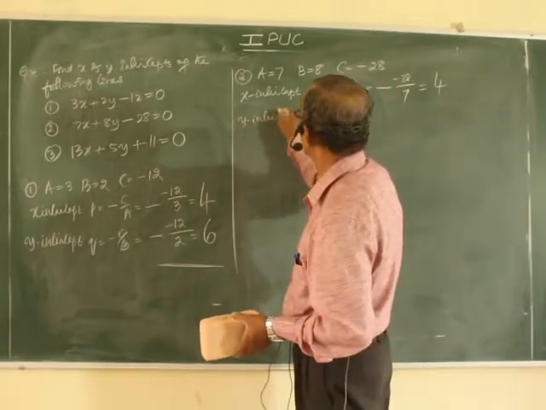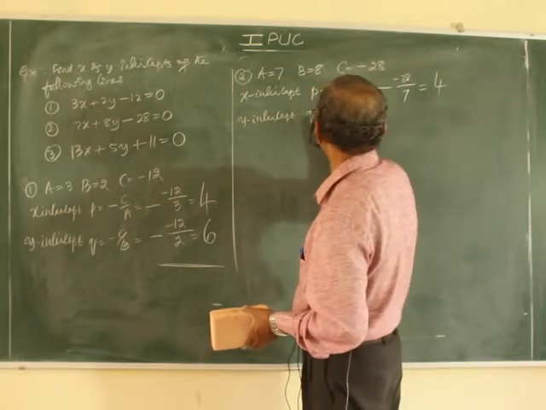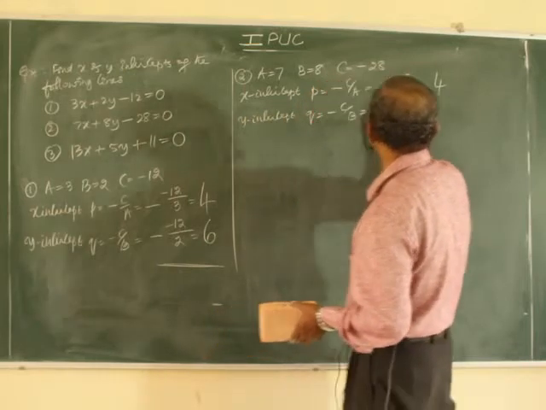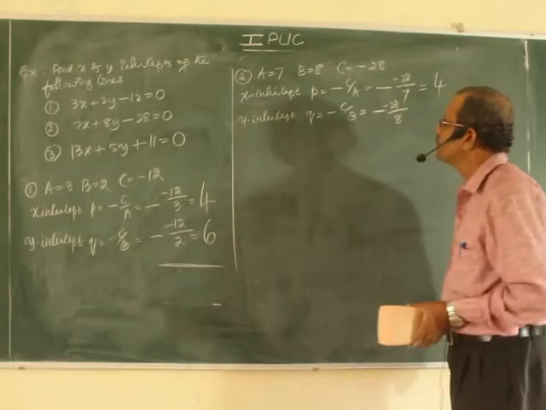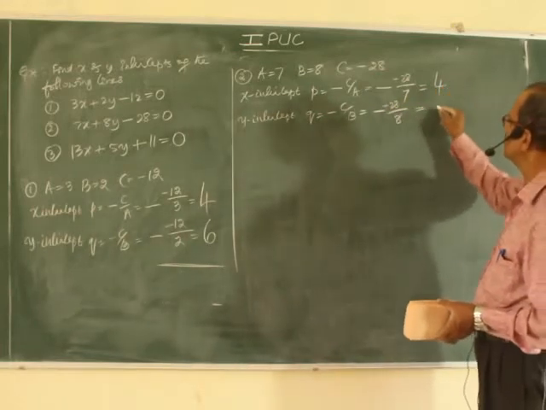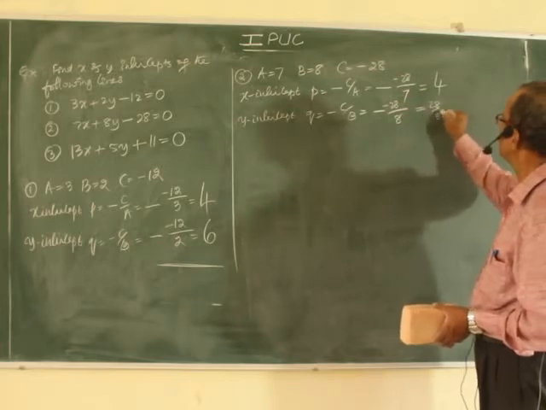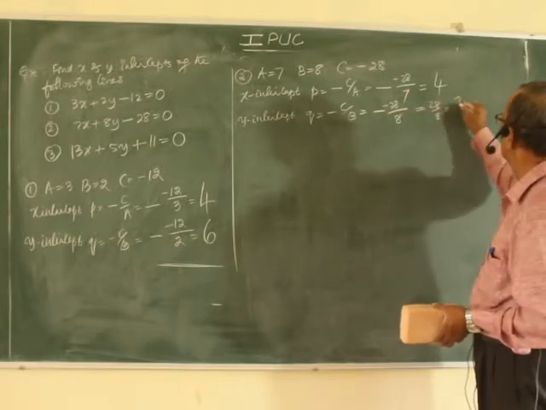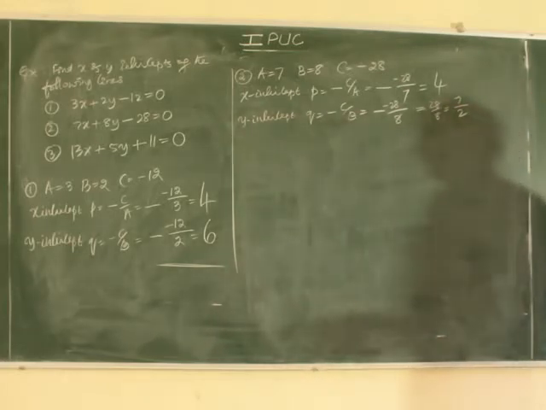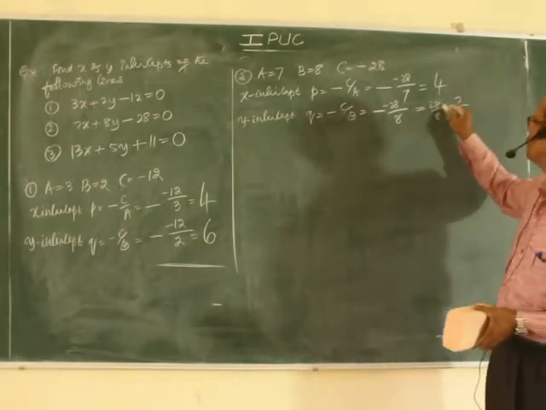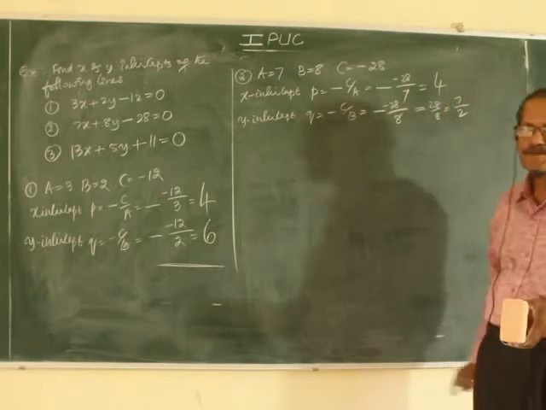Y-intercept q equal to minus c by b, which is plus 28 by 8, or 7 by 2, dividing both the numerator and denominator by 4.